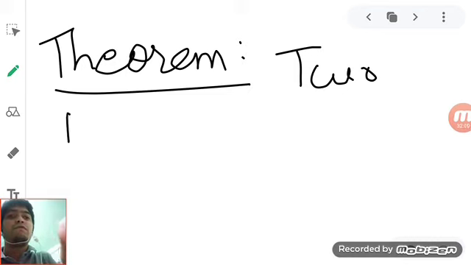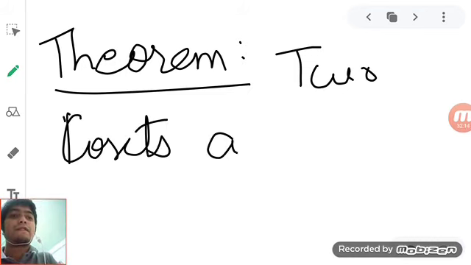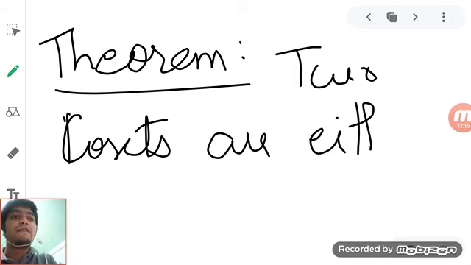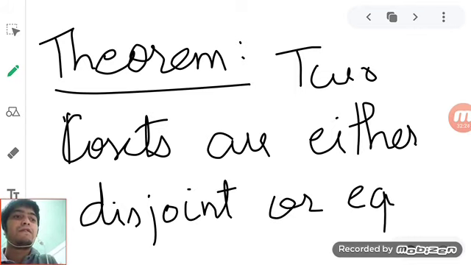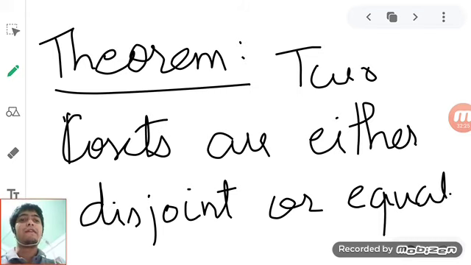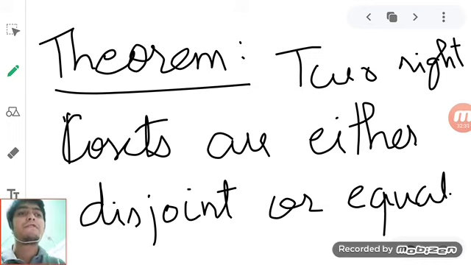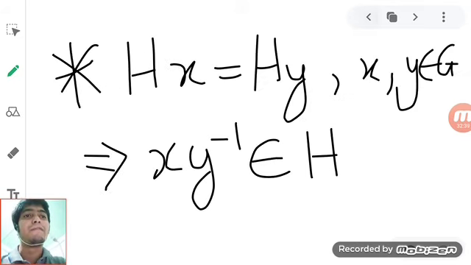Another theorem in cosets that is very important is this: two cosets are either disjoint or equal. If you take any two right cosets, they are either disjoint or equal. Similarly, with left cosets, two left cosets are either disjoint or equal.